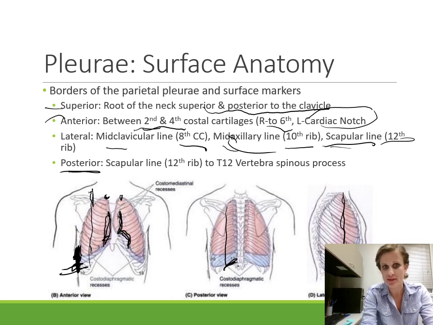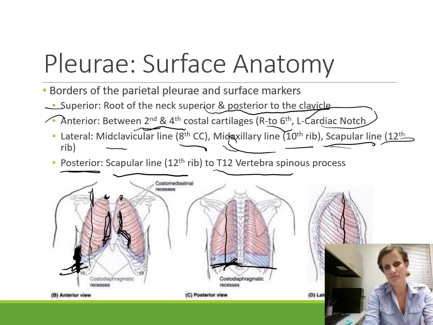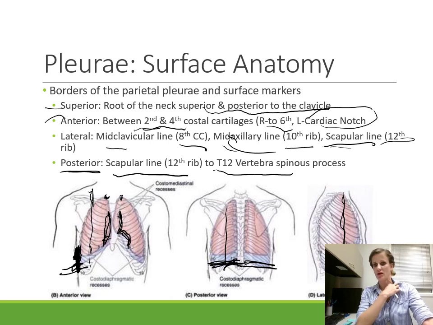We go from the 12th rib at the scapular line to the T12 vertebral spinous process. And again, there's our posterior border. Slightly messy, but hopefully you can kind of follow along and do it on yourself.